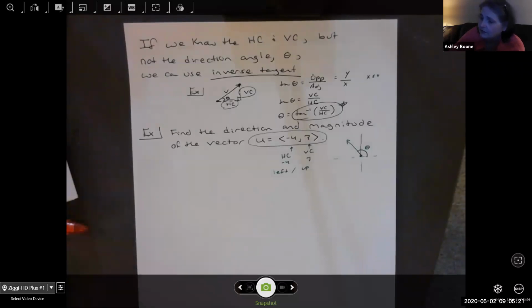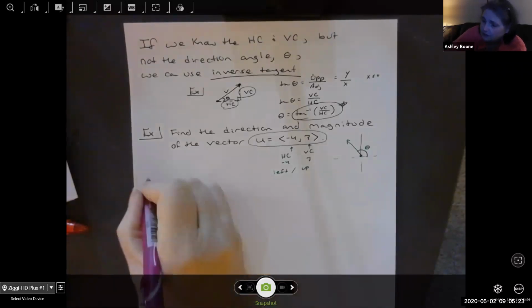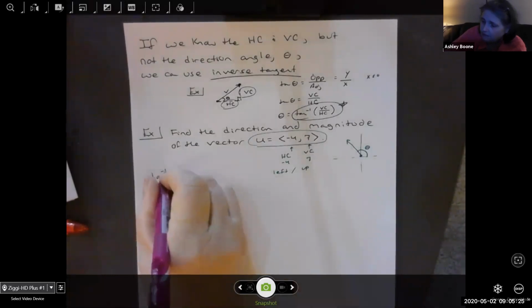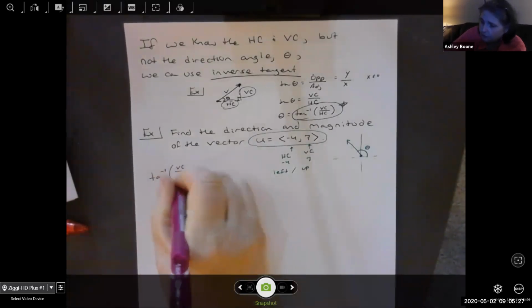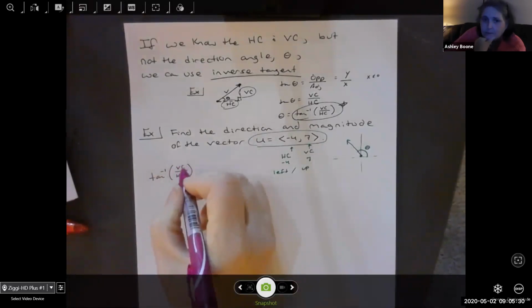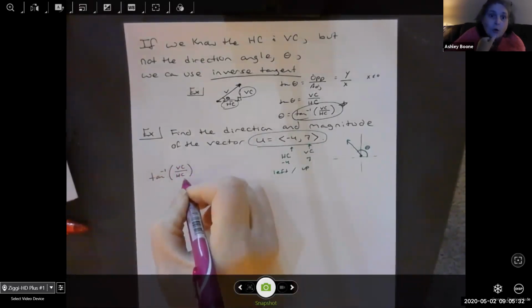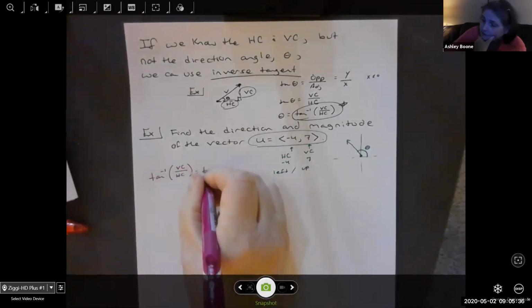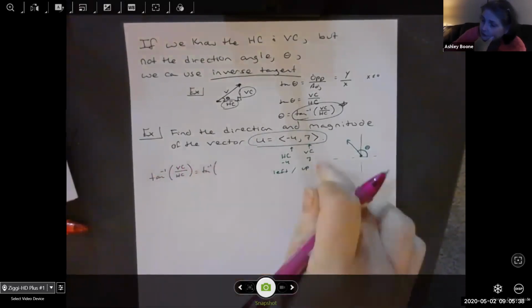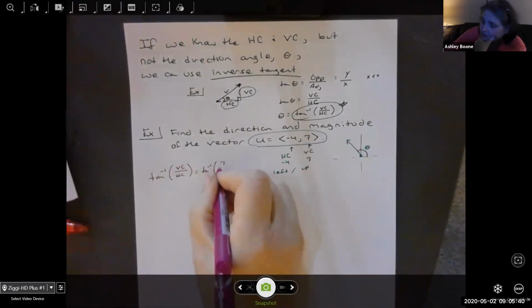So let's look first of all. Inverse tangent of vertical component over horizontal component, opposite over adjacent, y over x, would be the inverse tangent of the vertical component, which is 7, over the horizontal component, which is -4.